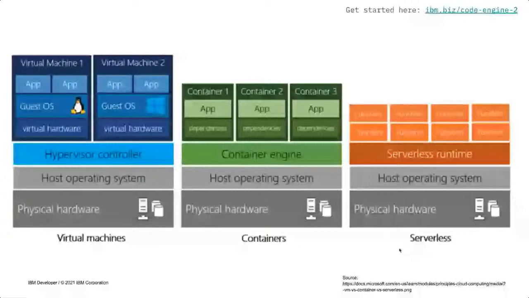They're both running on their host operating system, regardless of what operating system you're using. The main difference is we have a container engine that we're running our containers on. And for Code Engine, for instance, we're running our containers on top of our serverless platform.